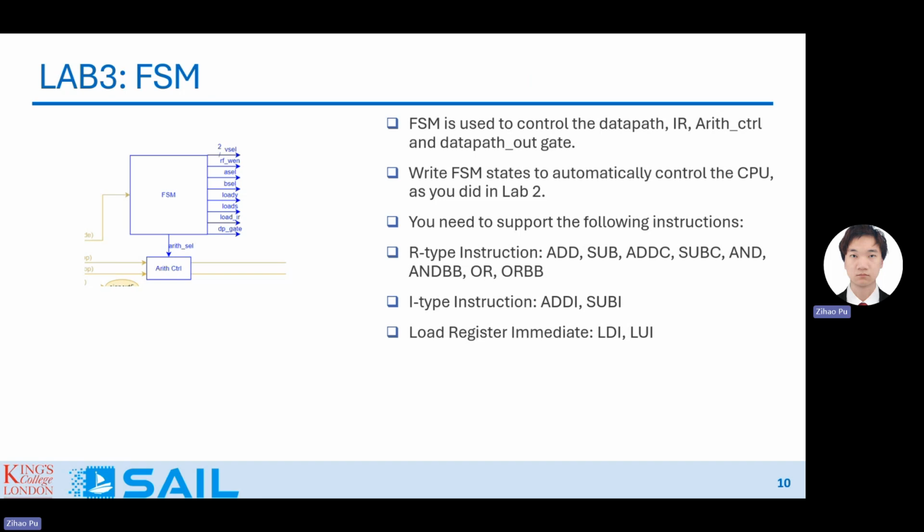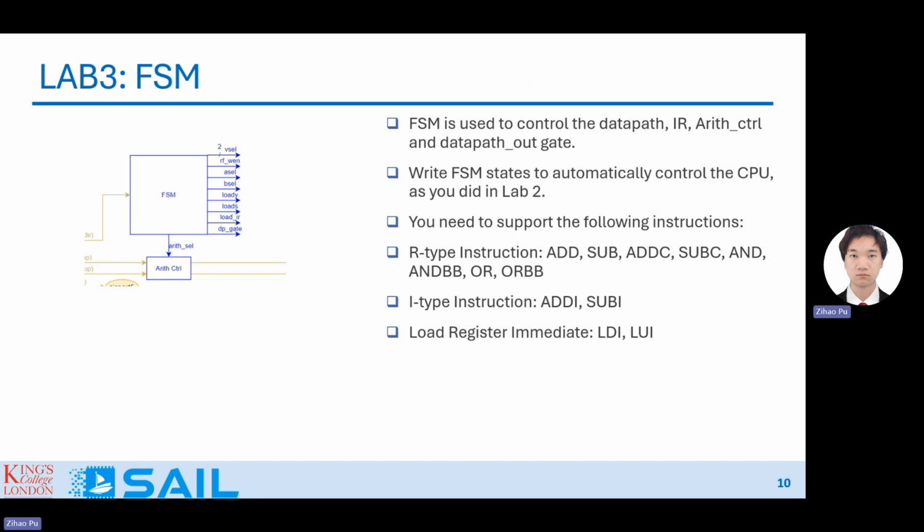So lab 3 lets you just focus on the FSM design, to get a quick idea of how to make an FSM for the CPU. Basically, the FSM is used to control the data path, IR, and arithmetic control. Also, the data path out gate. I'll cover the data path out gate later.